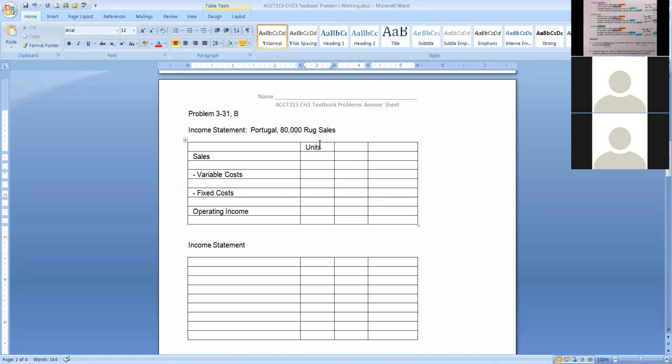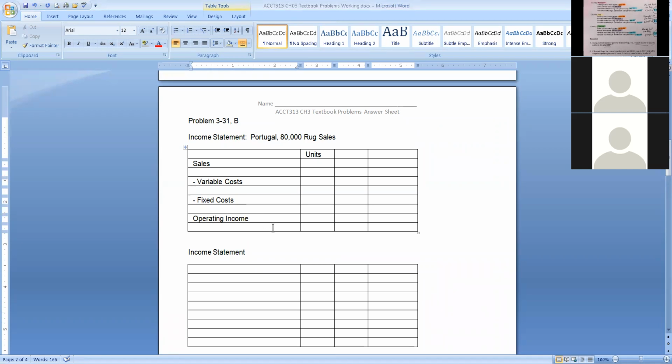Question. Yeah. So you said that this operating income is not the same as like the operating profits? Did you say that? It's not the same as the operating income that you'd normally see in a financial income statement. You know, they're using the term in a managerial context rather than a financial statement one.